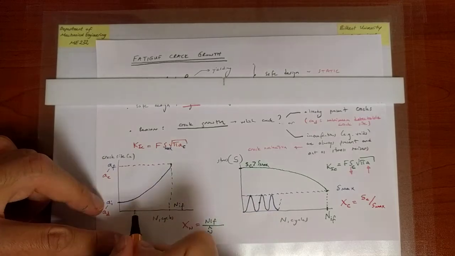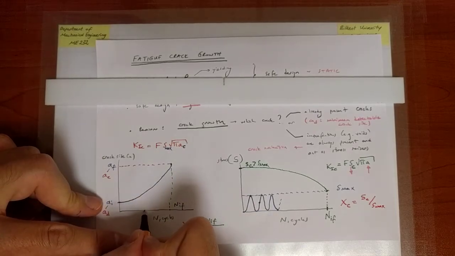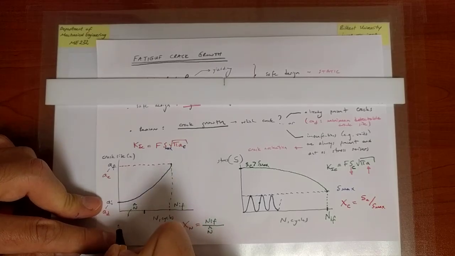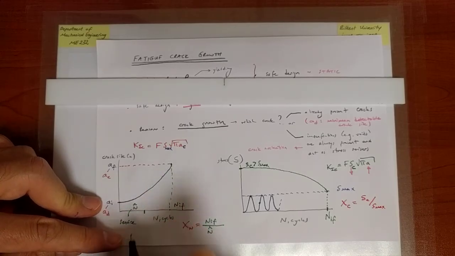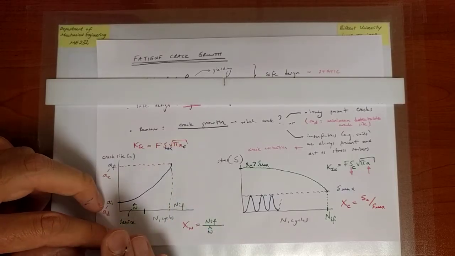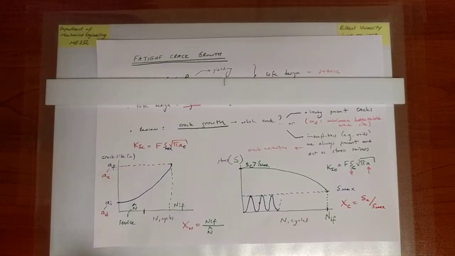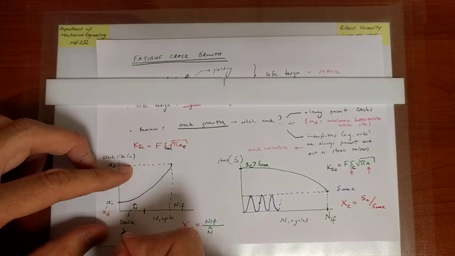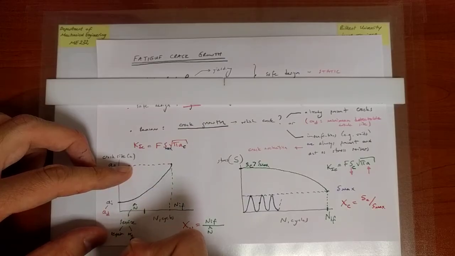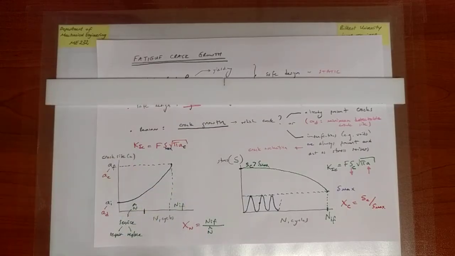So when I reach 100,000 cycles, let's say, over here, N hat S, this is the service life. When I reach N hat S, the service life, then I stop and do something. Well, what can you do? You can either repair or you can replace the part. Okay?